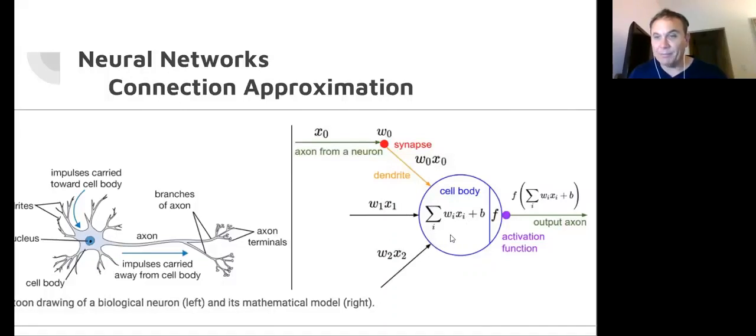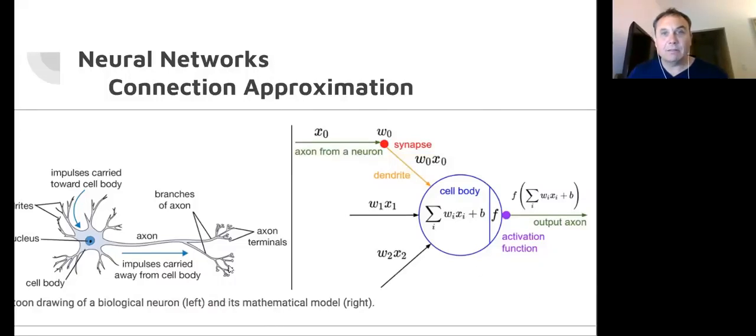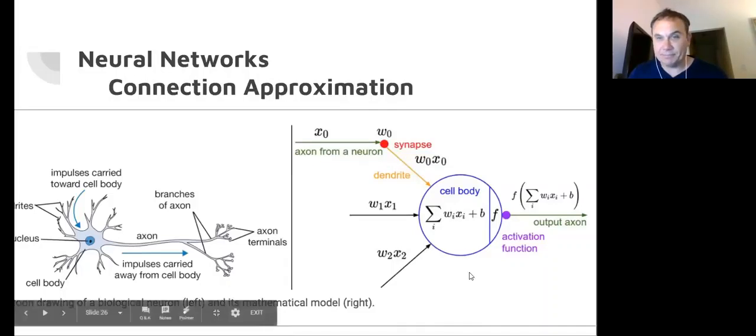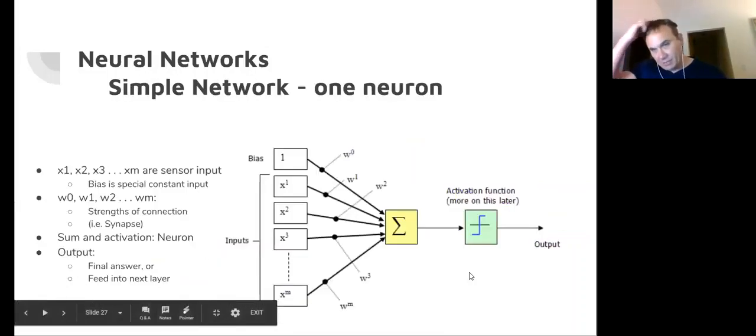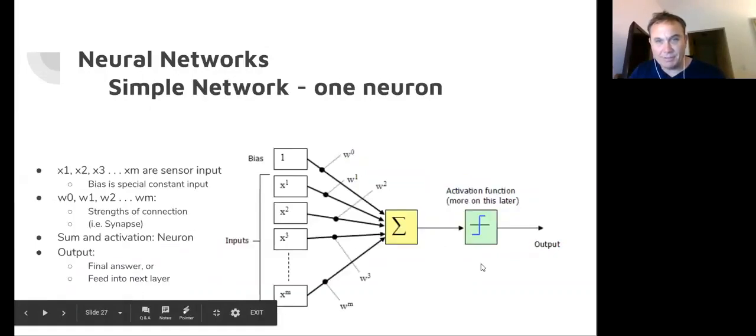That's generally the effect of having the bias in there. Okay, so here we showed 1 neuron, 3 inputs.